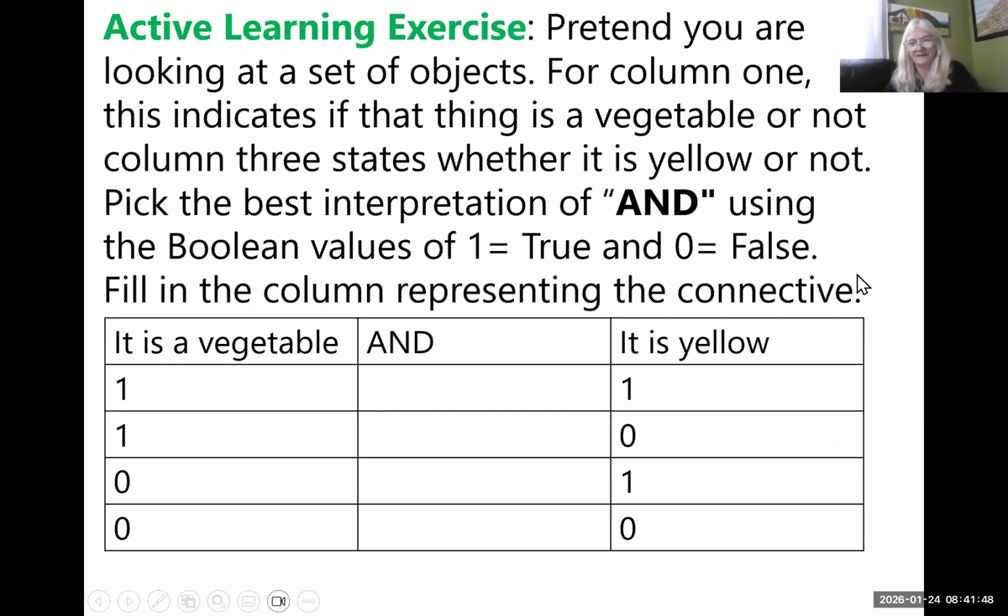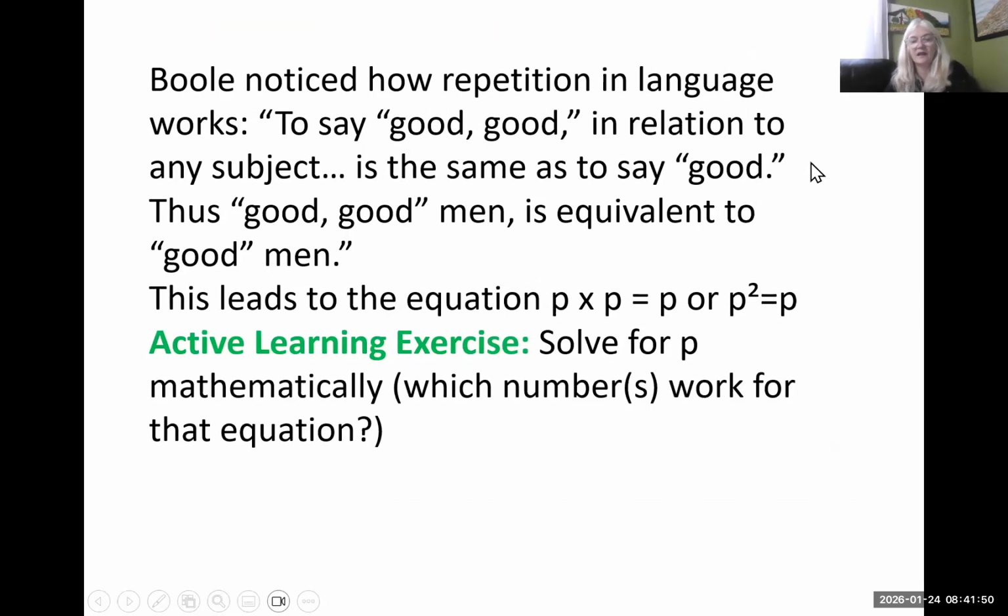Furthermore, notice how repetition in language works. He argues that saying good in relation to any subject is the same as just saying good. The extra good does no additional work on the truth of that quality.